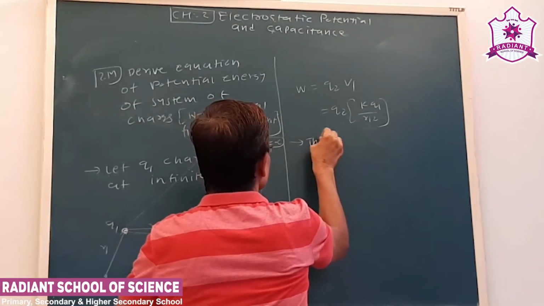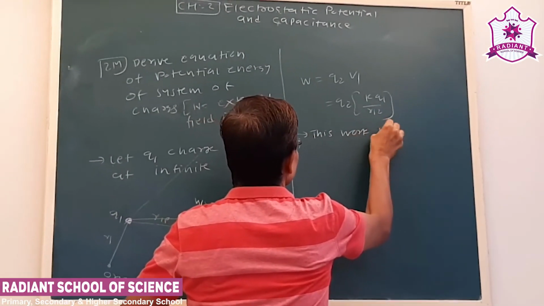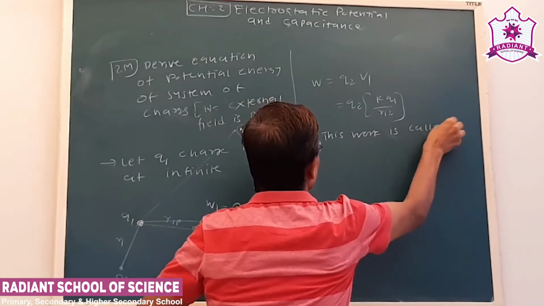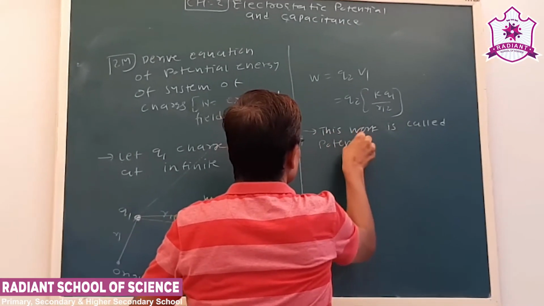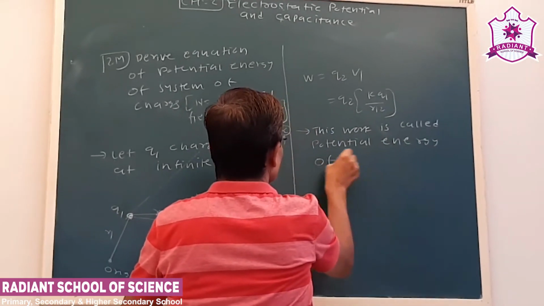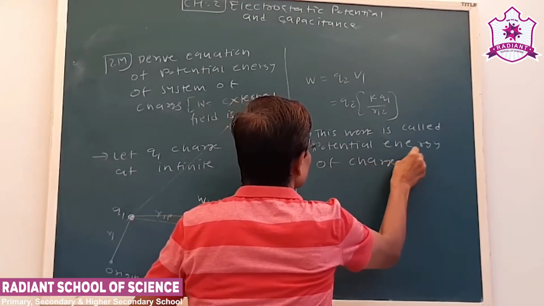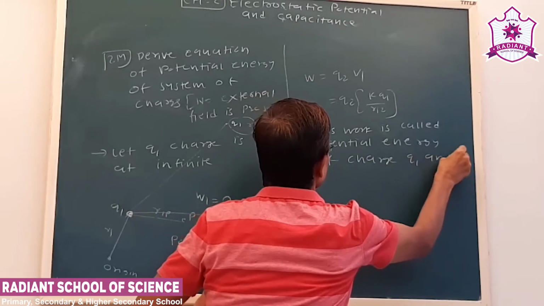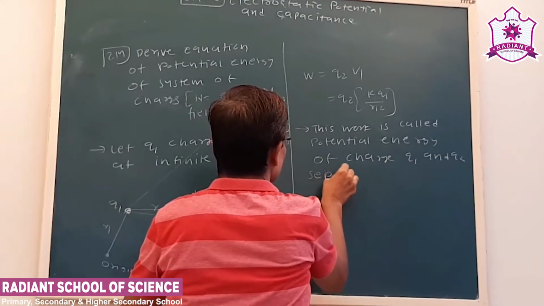This work is called the potential energy of charges Q1 and Q2 separated by distance r12.